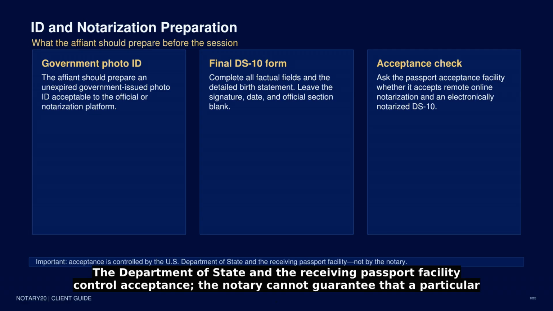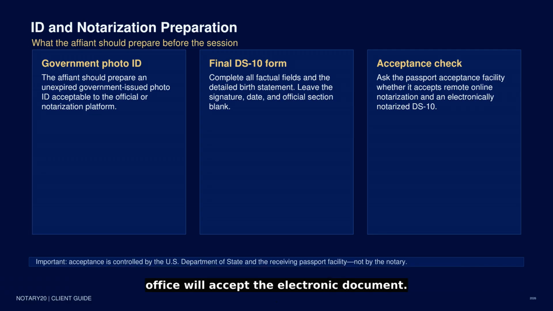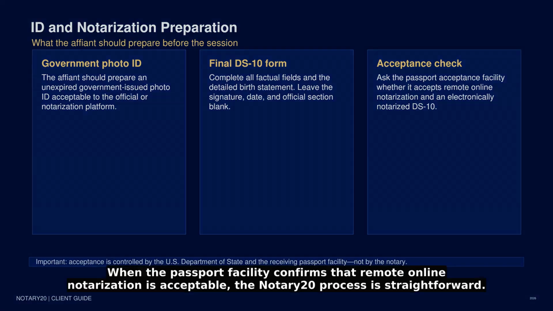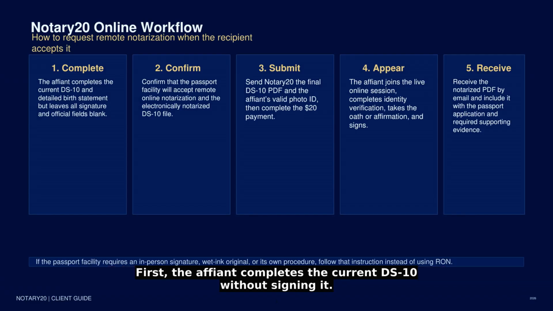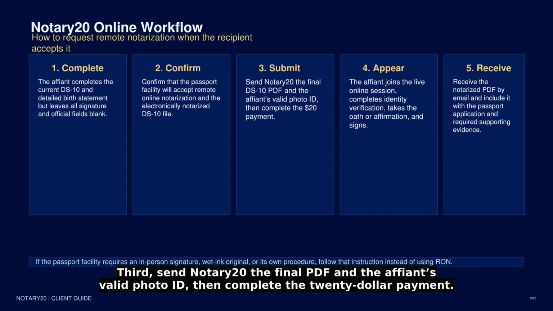When the passport facility confirms that remote online notarization is acceptable, the Notary 20 process is straightforward. First, the affiant completes the current DS-10 without signing it. Second, confirm the recipient's acceptance requirements. Third, send Notary 20 the final PDF and the affiant's valid photo ID. Then complete the $20 payment.